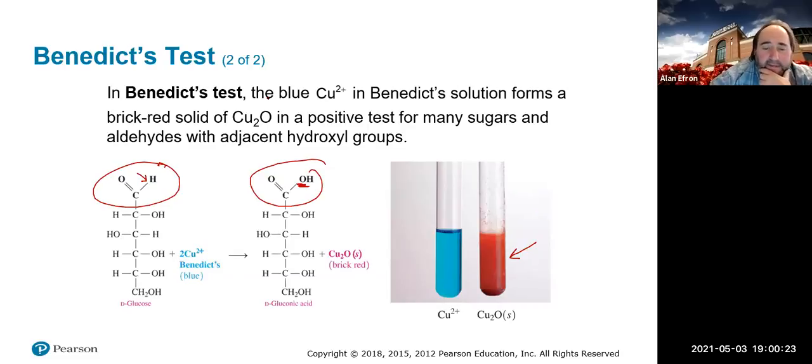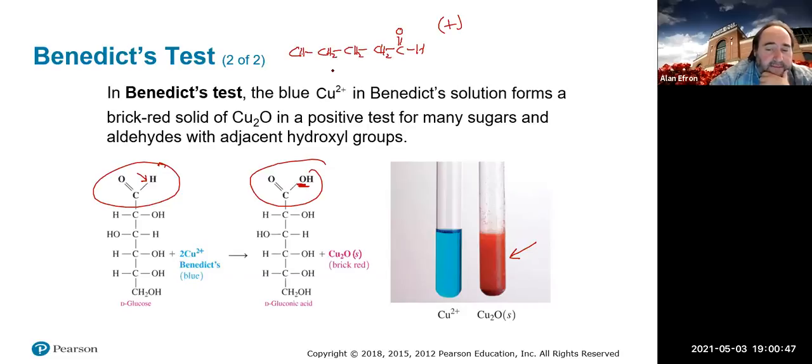And again, if the test was positive, right? So you weren't sure, maybe you kind of knew what you started with was a 5-carbon something, and you did this test and it ended up positive. So what that would mean is if you started with a 5-carbon guy, you should actually have an aldehyde to start with, because it would have been positive.